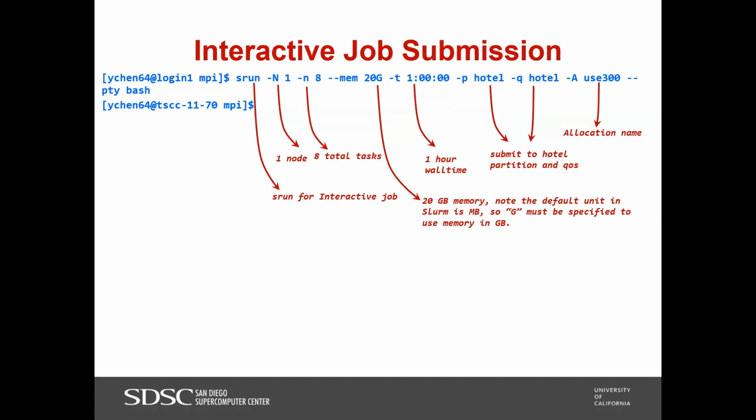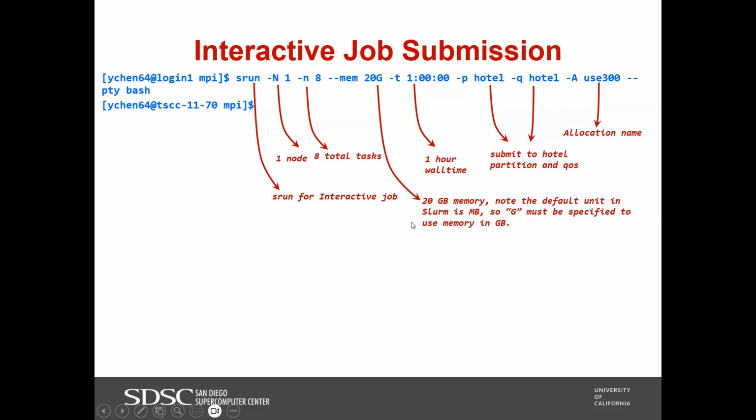So if you wish to specify memory in gigabytes, you need to add an uppercase G right after the number. Then one hour of time, submit to the hotel partition and use my hotel QoS, and then add my allocation name. And then the last part is to start a bash shell.